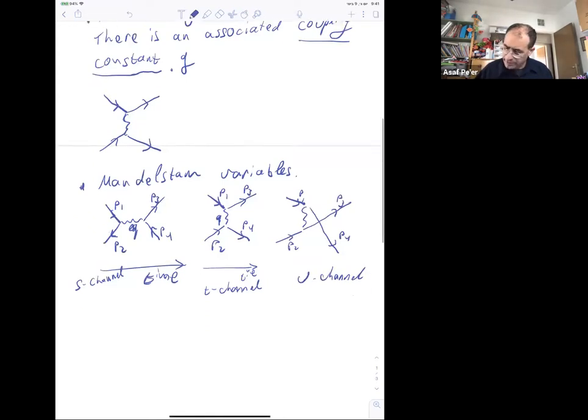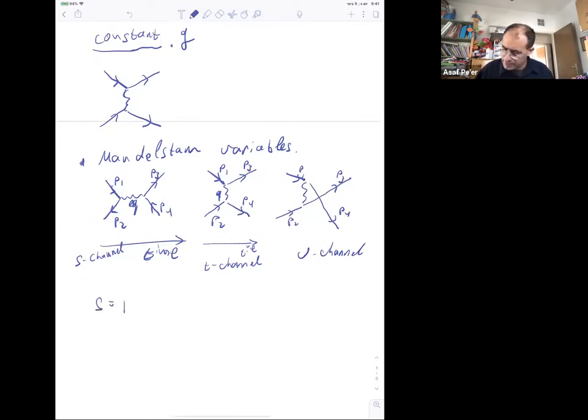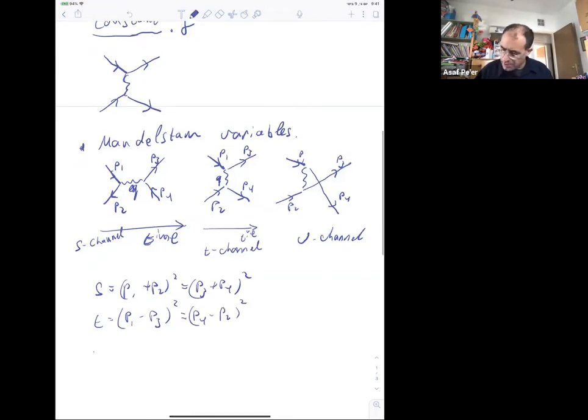And we define the variables: S is P1 plus P2 squared, which is P3 plus P4 squared. T is P1 minus P3 squared, which is P4 minus P2 squared. And U is P1 minus P4 squared, which is P3 minus P2 squared, right?